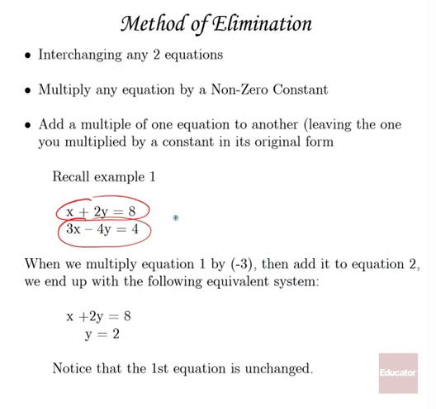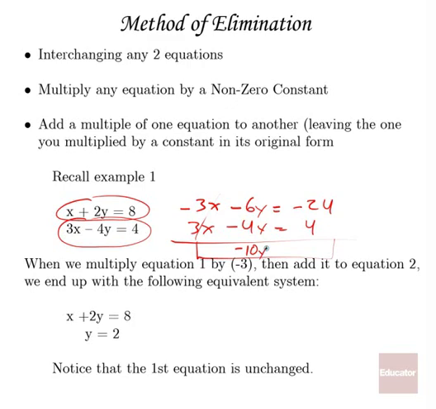We converted this to minus 3x minus 6y equals minus 24. And then we brought this one over, 3x minus 4y equals 4. Once we found the answer to this, which is minus 10y equals minus 20, we ended up with a solution.